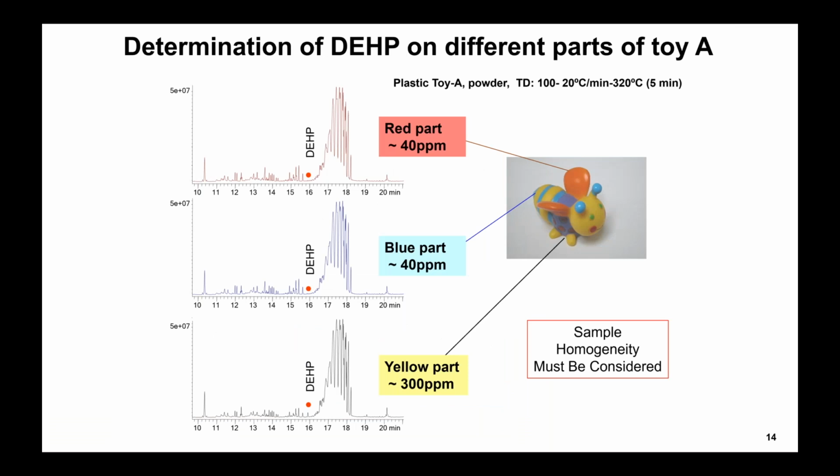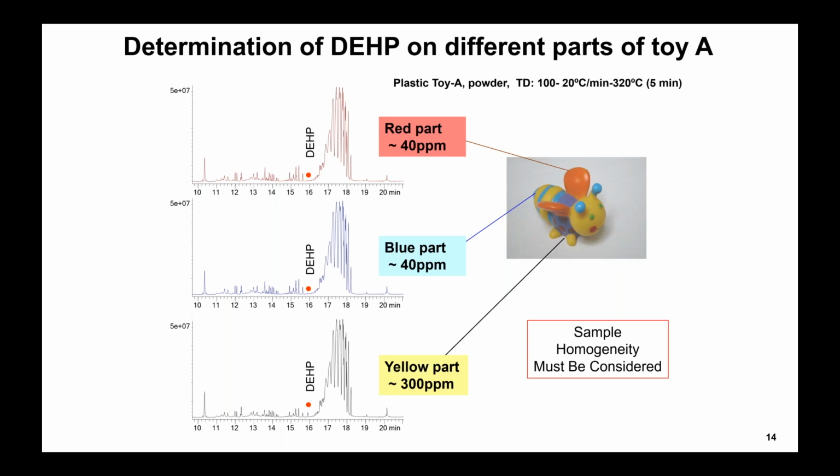So to show the importance of sample homogeneity in measurement accuracy, DEHP was also quantified in each part of this plastic toy shown here. You can see that different ppm amounts were detected in each color part of the toy. So again, it is very important always to consider sample homogeneity when you're performing quantification analysis.